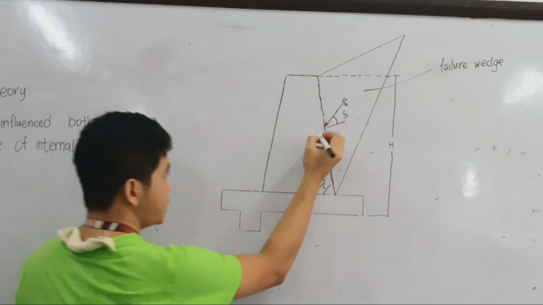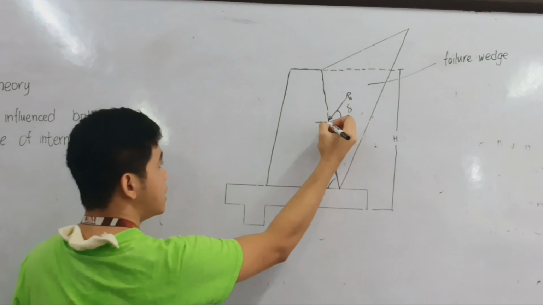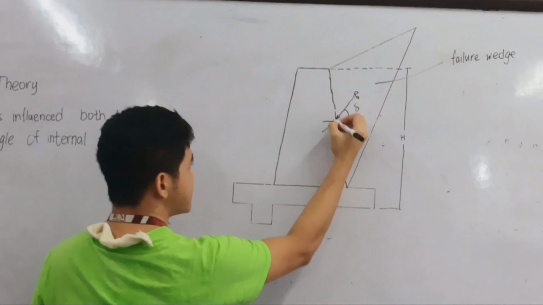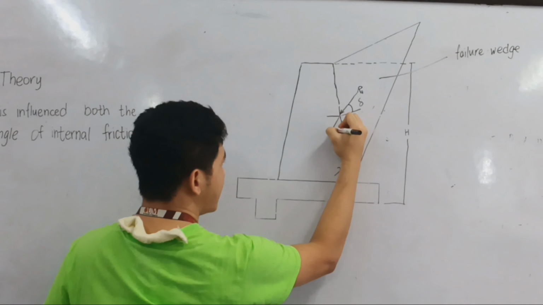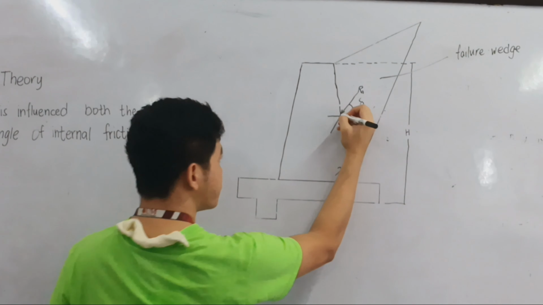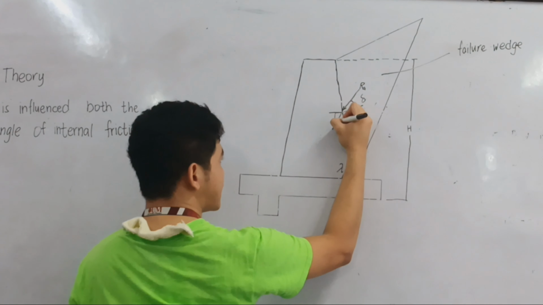And here, the horizontal angle, and in relation to the direction of the RA, or the active pressure, that is denoted as theta.